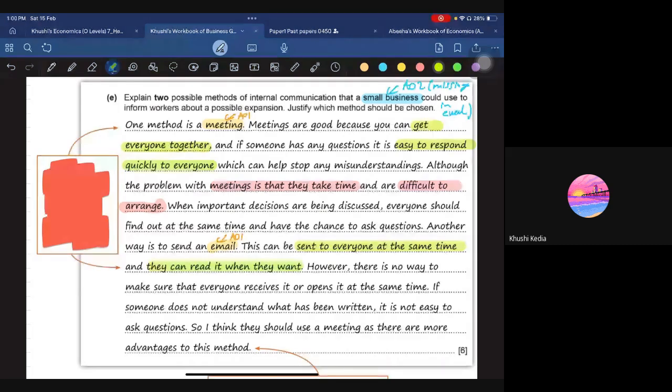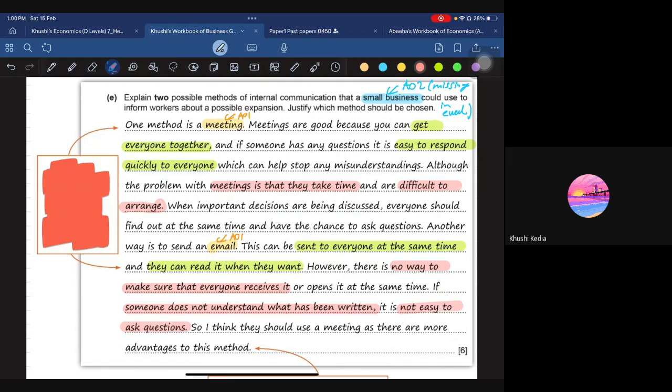And the drawback? There's no way to make sure everyone receives it. There's no feedback, and some people might not be able to understand what's been written. So that is a disadvantage mentioned. And it takes time to ask questions, so it's not easy.